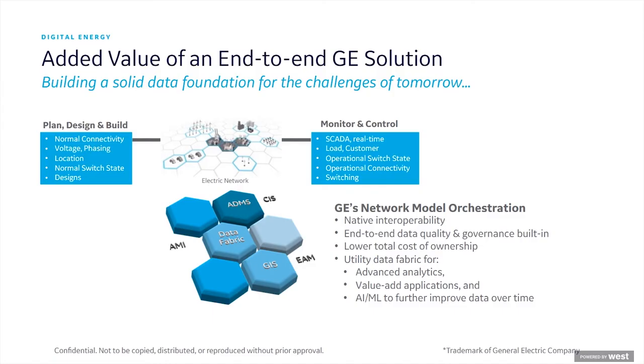So getting more value from that data through advanced analytics and other additional solutions is really the broader vision that we have within GE. And network model orchestration across your enterprise will enable you to gain the benefits of an end-to-end solution that continues to evolve towards enabling that network level optimization.